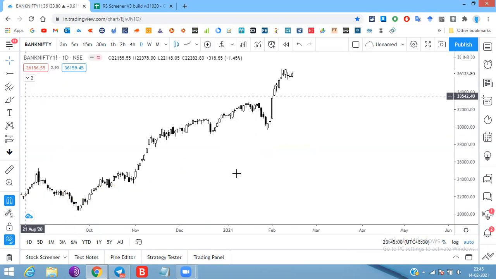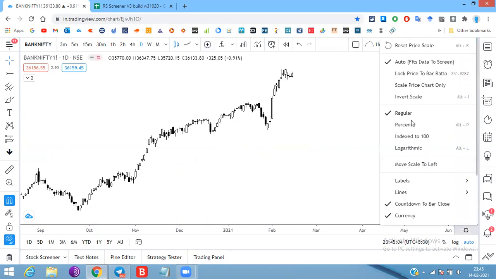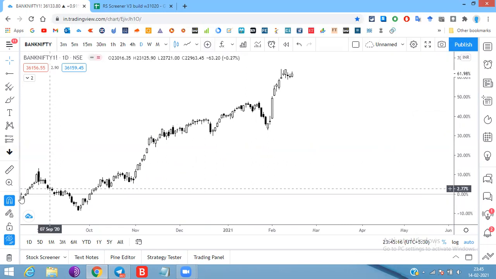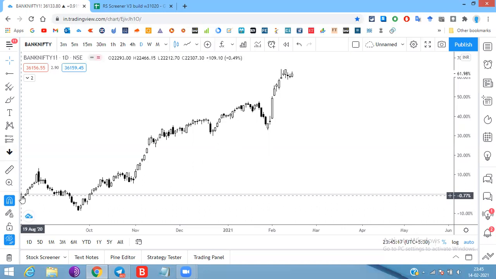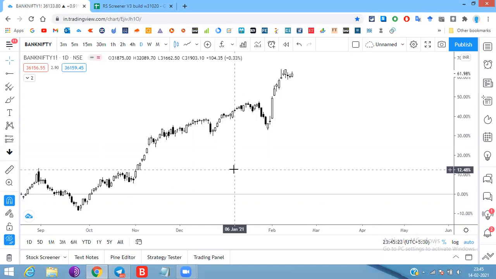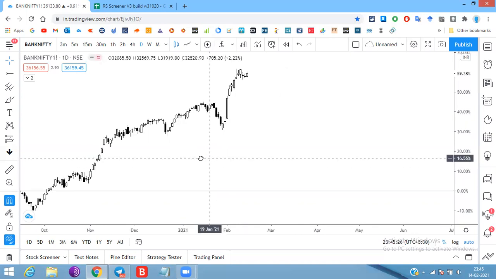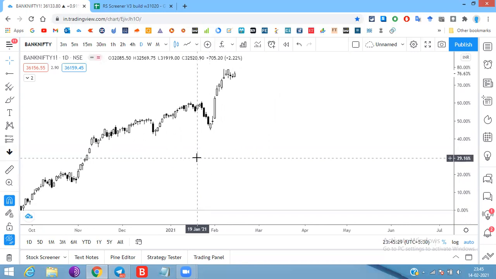So the other way is directly using this particular setting and changing the regular to percentage. Okay, if you change the regular to percentage, this will show you the percentage returns from this date. So right now our SRS date was 19th of August, and if we want to move to the ARS date, we will just take this particular candle and touch it to this wall.